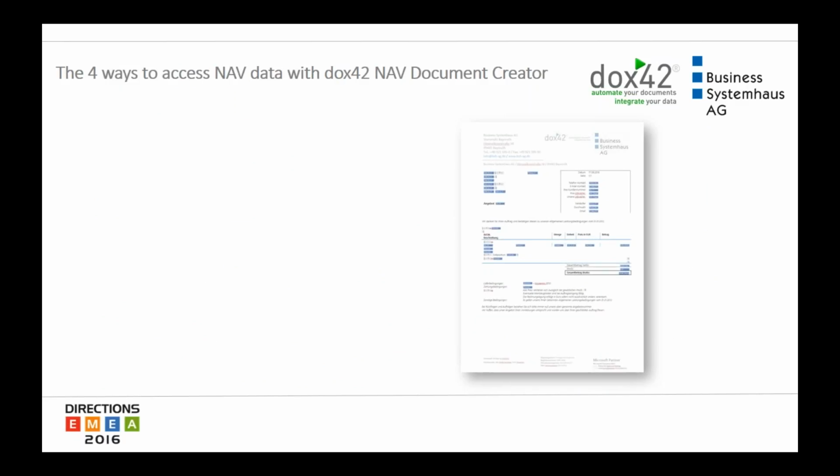So there are actually 4 ways to access NAV data from dox42 NAV Document Creator. The first and simplest way that works in really all cases is SQL. dox42 comes with a SQL data source, so you can connect to any SQL database, and as long as there is a SQL server below your NAV, you can connect to that.